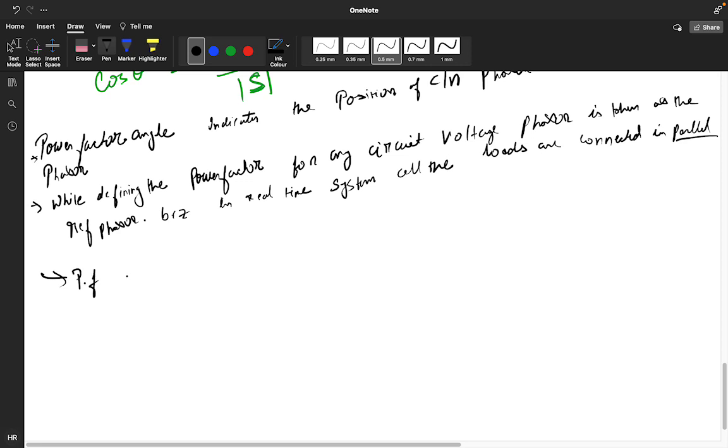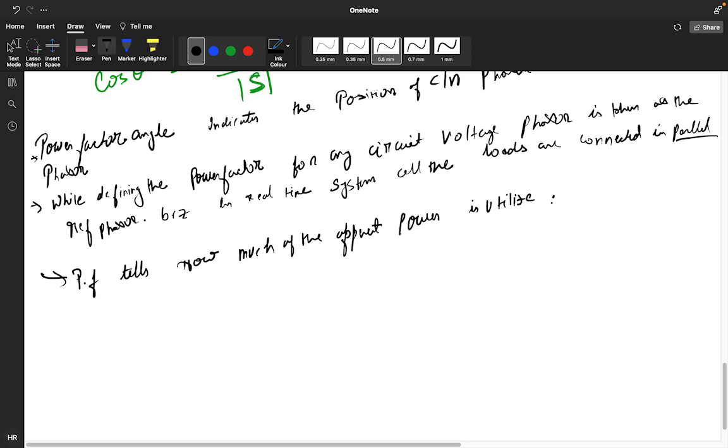Power factor tells how much of the apparent power is utilized. Okay, how much of the apparent power is utilized?